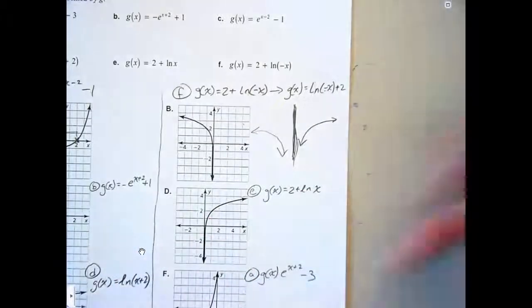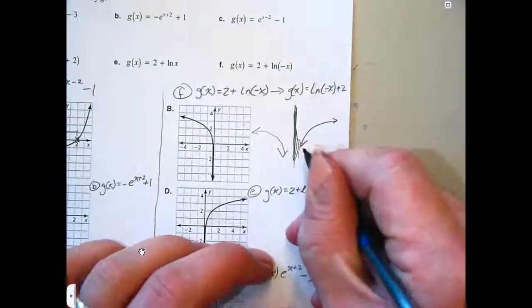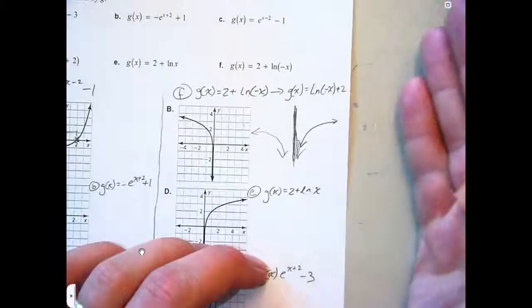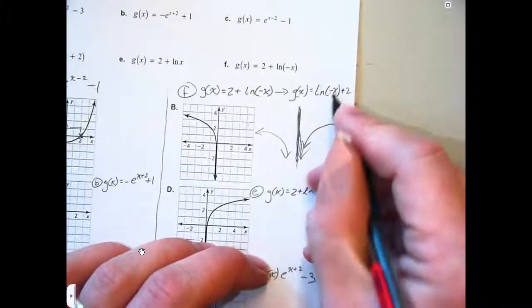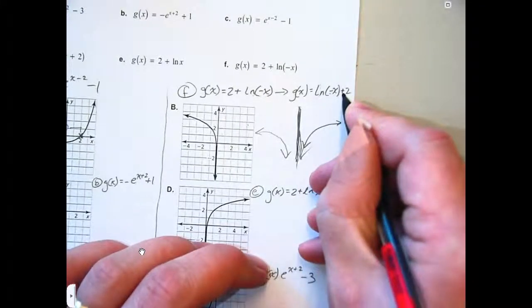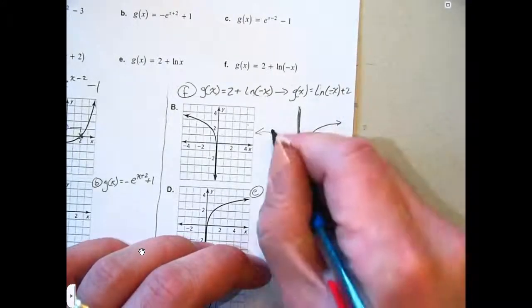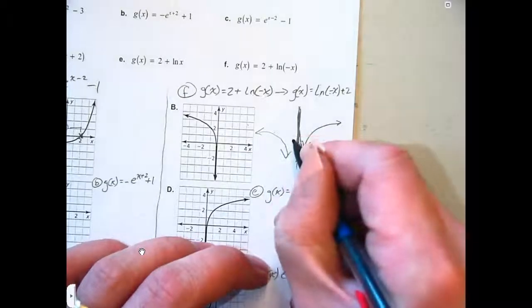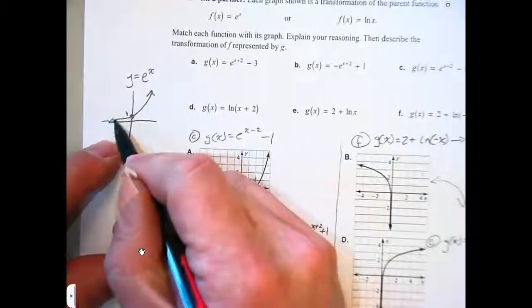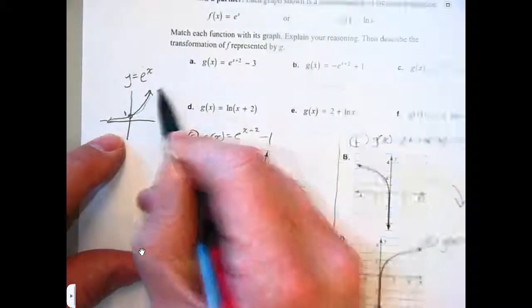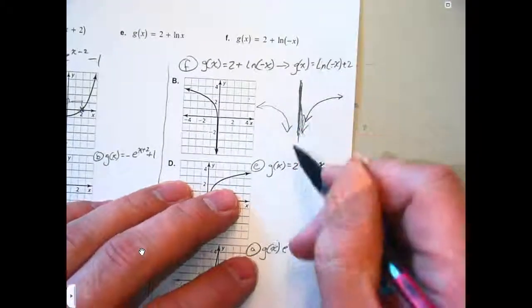Not an amazing reflection, but that's what's supposed to happen. Then what happens? Up. It goes up too. So thinking to what Matt said a minute ago, we're talking about this graph, e to the x, it crossed y at 0. What's the natural log cross at?